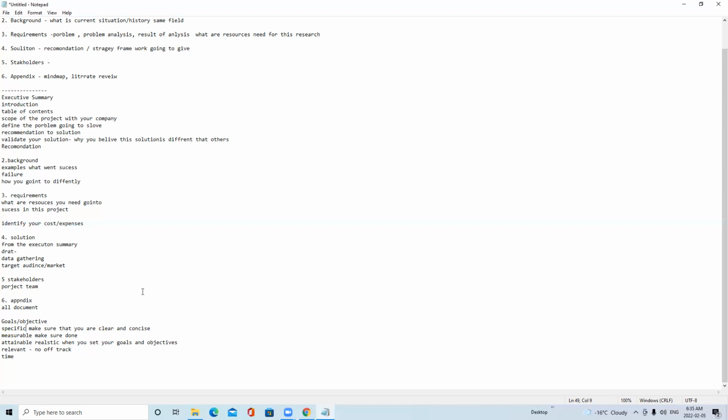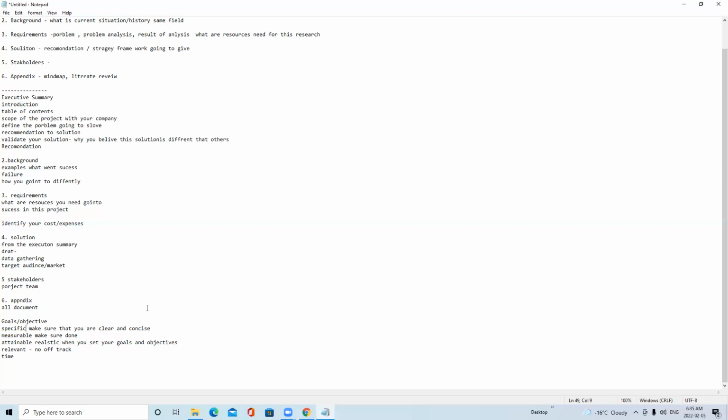Measurable: how you can measure, like you have a number, or a timeline, so you can mark it as done, in progress, or to do. So it's a kind of measurable thing, like you can give a timeline for your deliverable: the mind map, I have to do by this time, and the research, I need to find by this time.